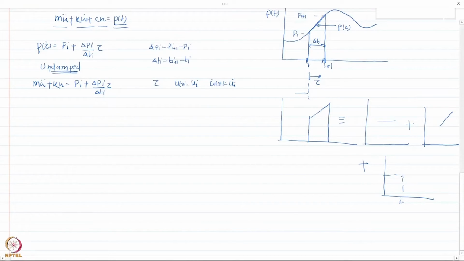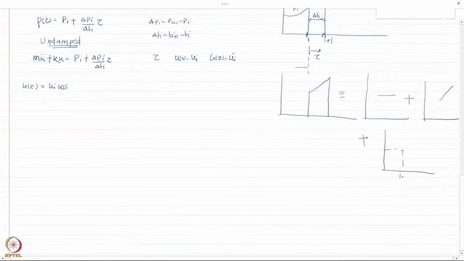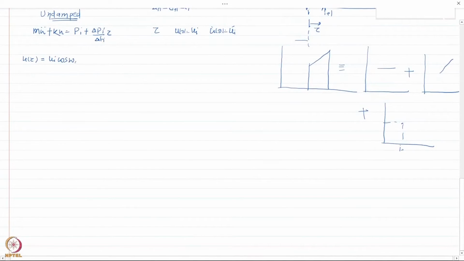So the total is the sum of the responses, and it can be written as u(tau) equal to, first, the free vibration due to initial condition: u_i cos omega_n tau plus the velocity term, u dot_i over omega_n, sine omega_n tau.